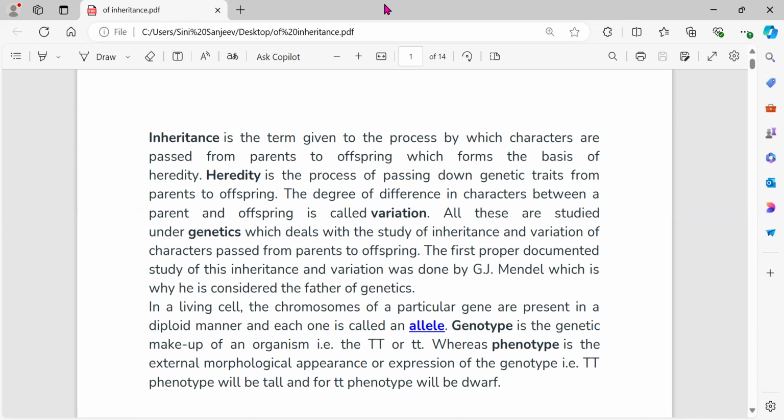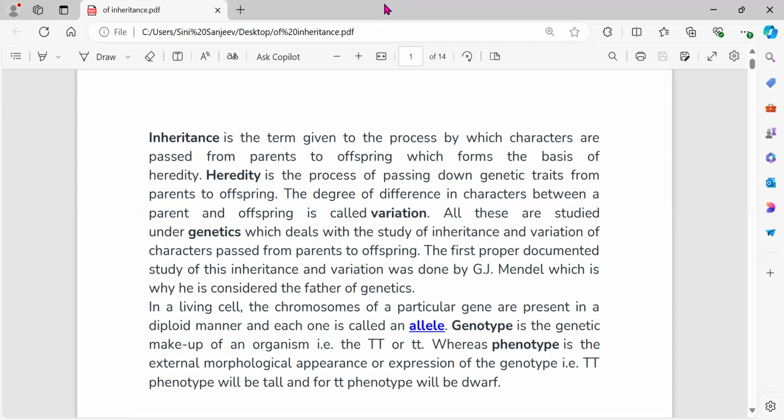Whereas genetically, whatever things are being passed on through generations are called heredity. But sometimes there are chances that the characters may be different. When these characters are different, we say it's a variation. For example, both parents have black eyes, but the child born to them has blue or green eyes.